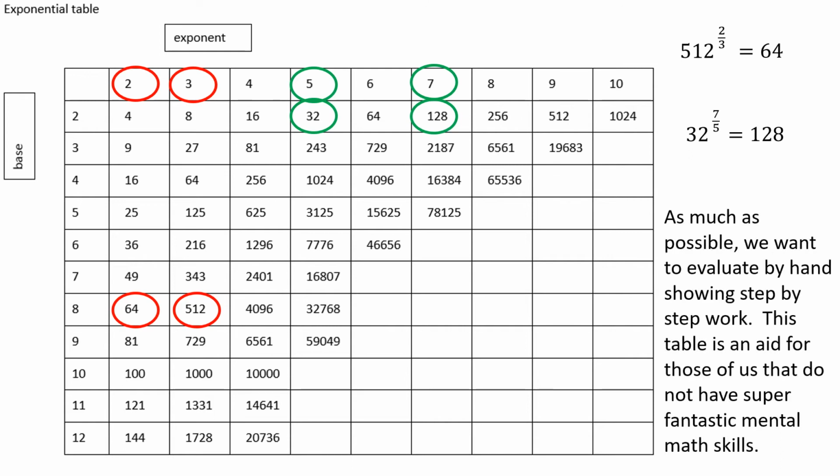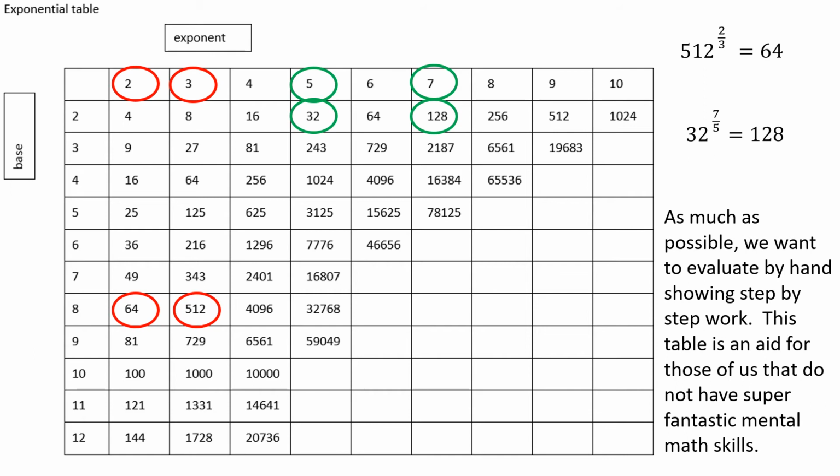So as much as possible, we want to try to do this stuff by hand, and we want to show some step-by-step work like I just had on the previous slides. However, for some of us, if we look at 512, we're never going to guess 8 times 8 times 8. And so that's what you can use this table for. You say, oh, I need the cube root of 512.